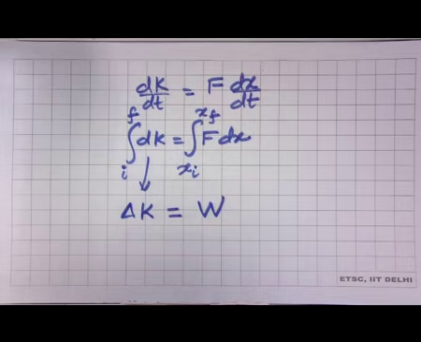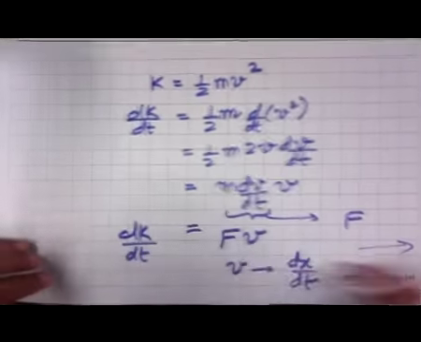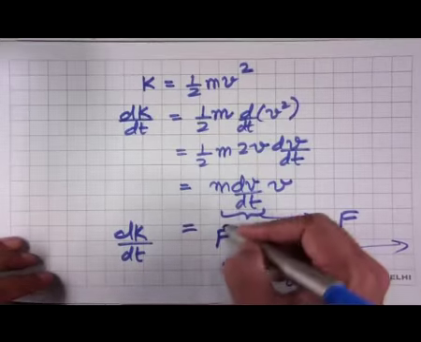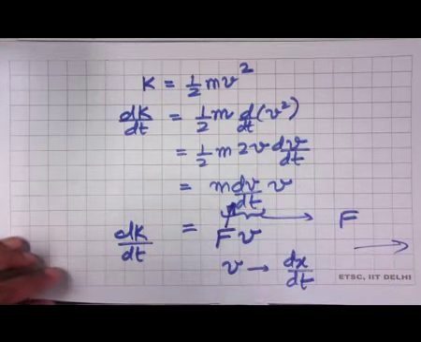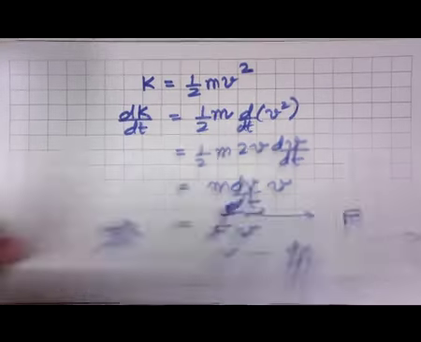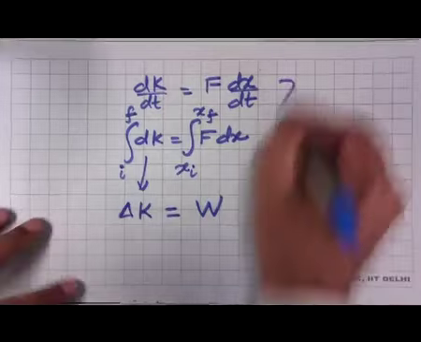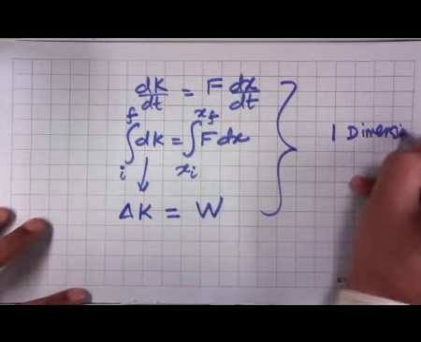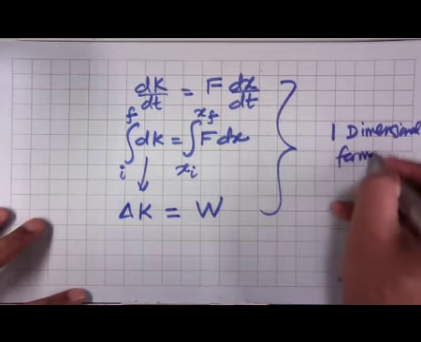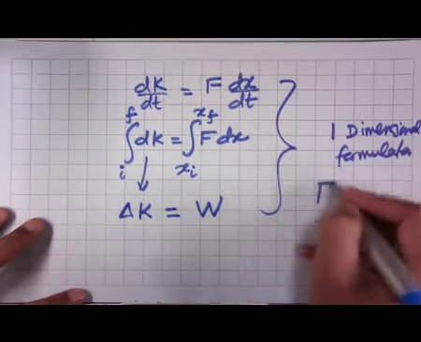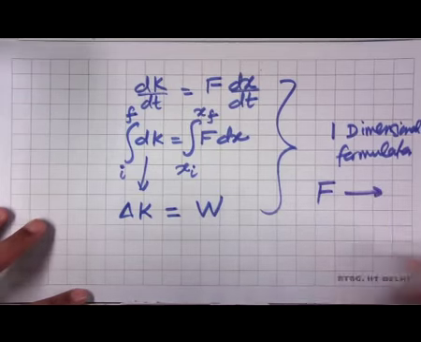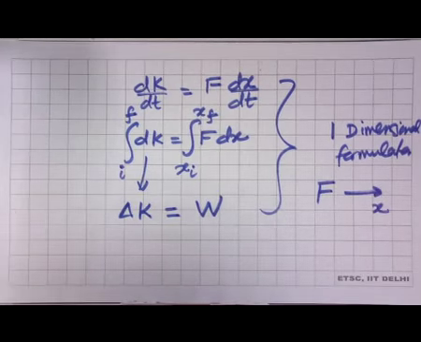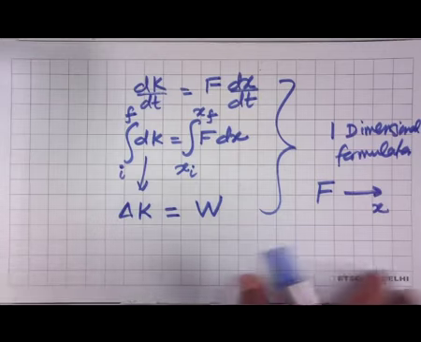So, to get this expression we have used Newton's second law, F is equal to ma. This derivation was done for a one dimensional formulation, which means the force is along one direction, let us say x, and the movement of the particle is also along x.